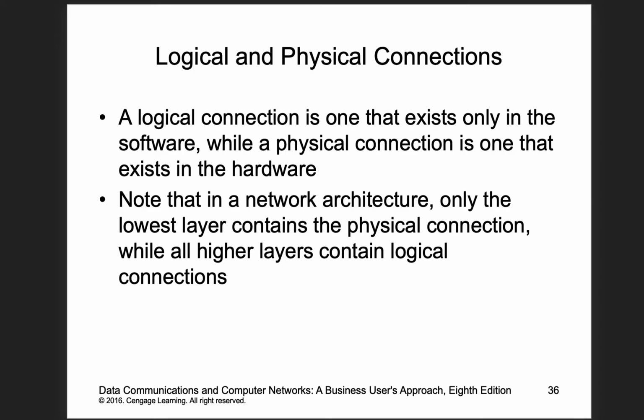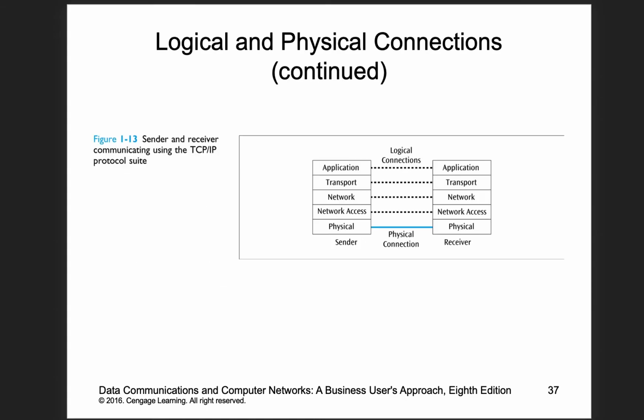And as the data flows from top to bottom in the network architecture, the lowest layer is always the physical layer. Over here we see how they are categorized.